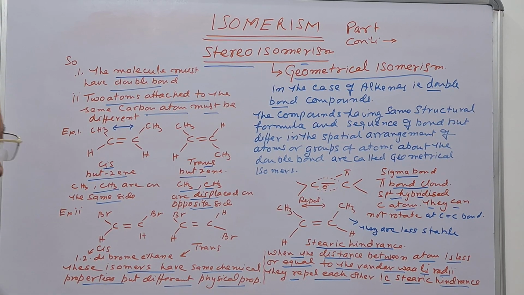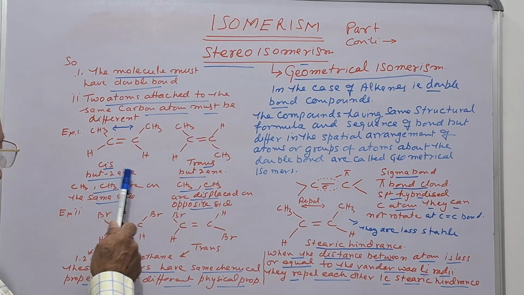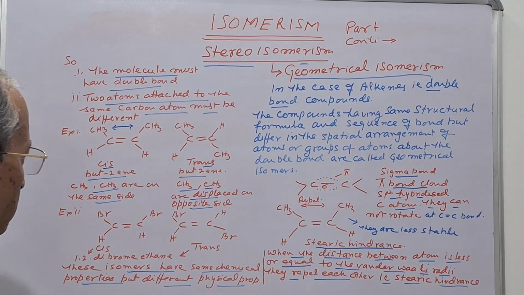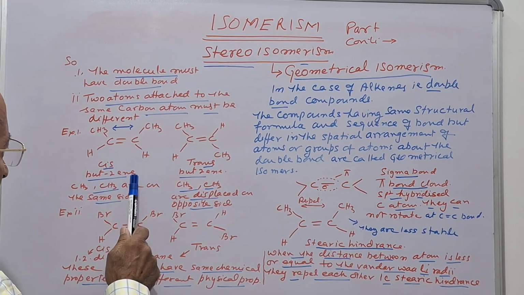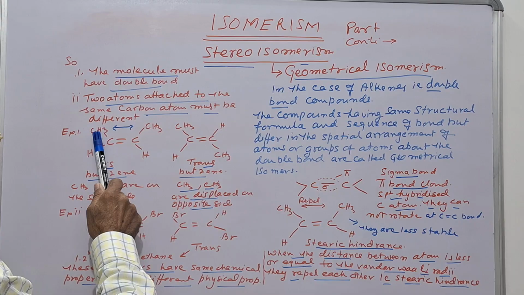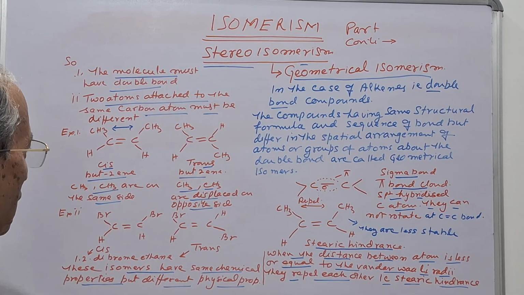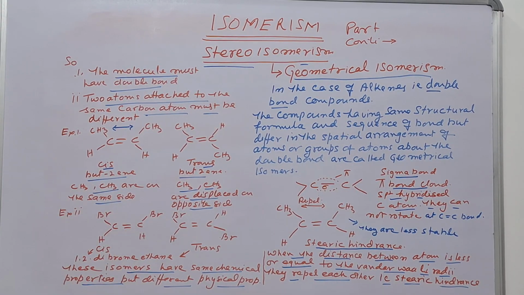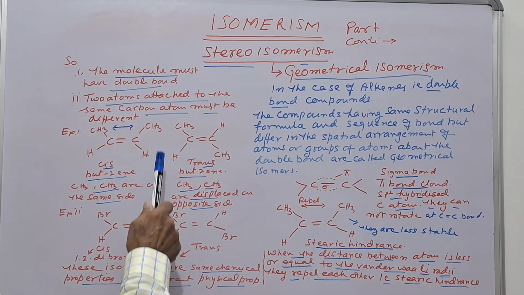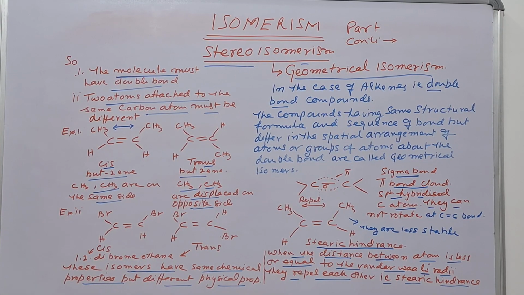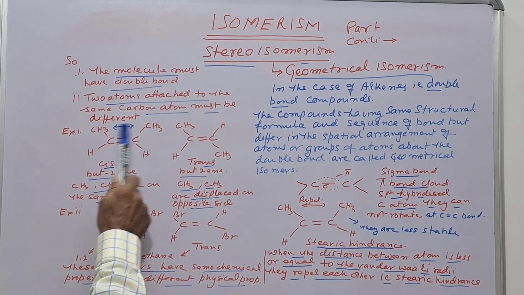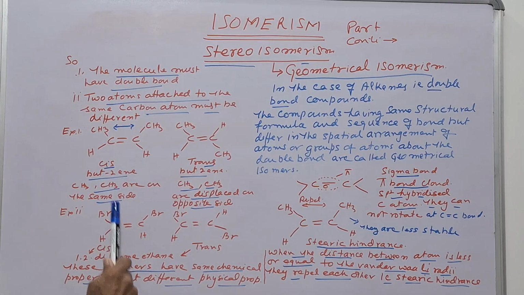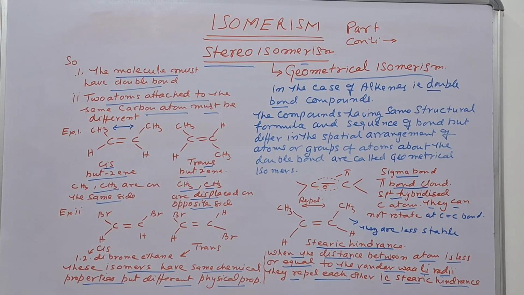Now I will take an example of butene. In the first case, the two groups of atoms are on the same side or on the opposite side. When the two groups of atoms are on the same side, these are known as cis butene.